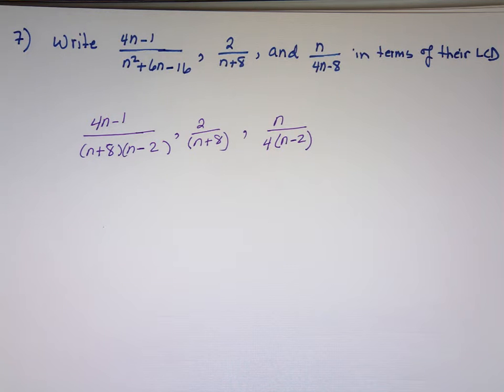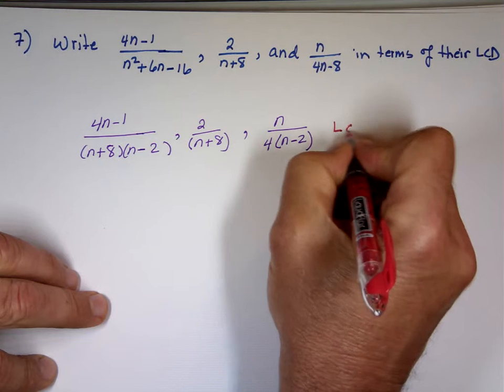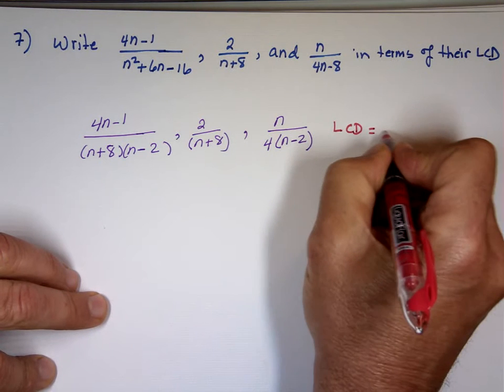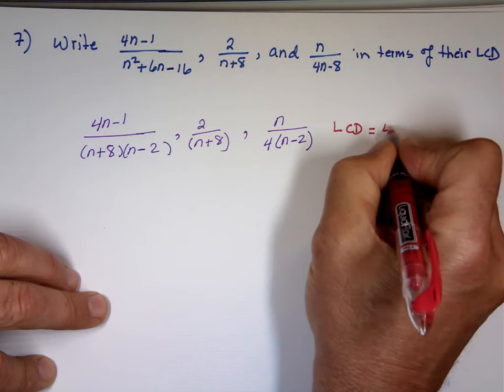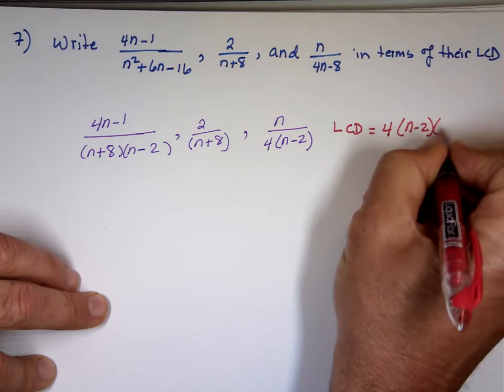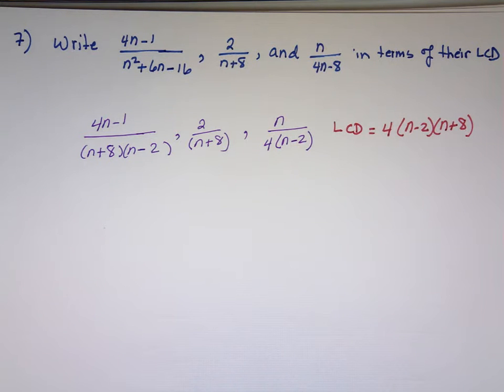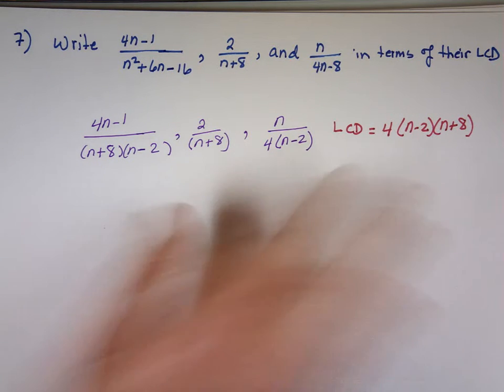Remember what the LCD is. The LCD is the multiplication of all the different factors. Well, the different factors you see in the bottom are the 4, the n minus 2, and the n plus 8. These are the different factors. I'm going to rewrite each fraction in terms of the LCD.